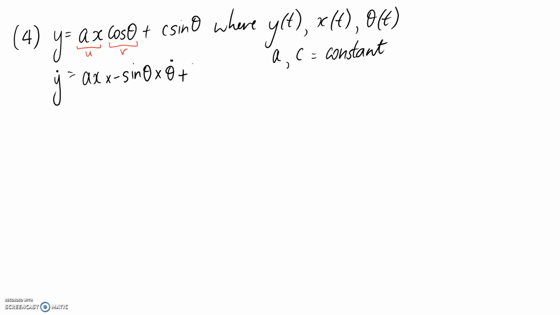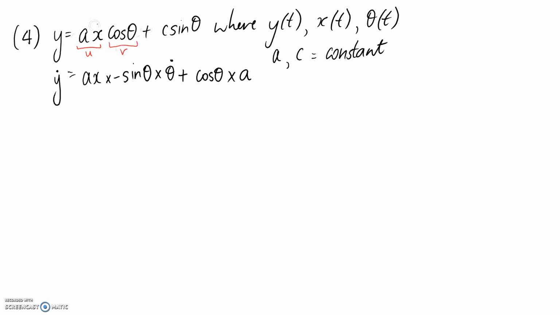Then we've got to add on v when we're holding u constant, so cos theta, and we need to multiply by the derivative of u, which is u dash. So in this case, a is constant, remember, so the derivative of this is just going to be a, applying your regular rule for the polynomials.